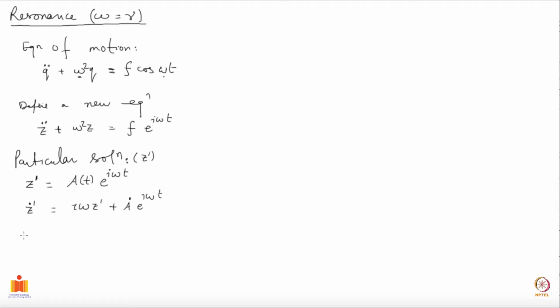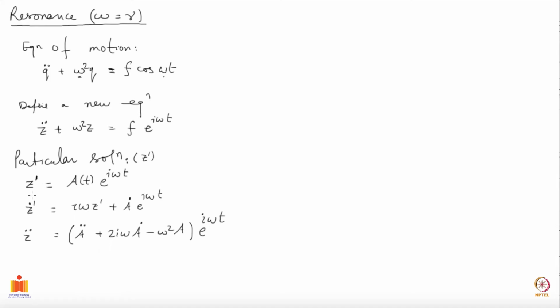And if you take a second derivative of this, you are going to get a double dot plus 2i omega a dot minus omega square a, times e to the i omega t. You should check this. I hope I am not making any mistakes.